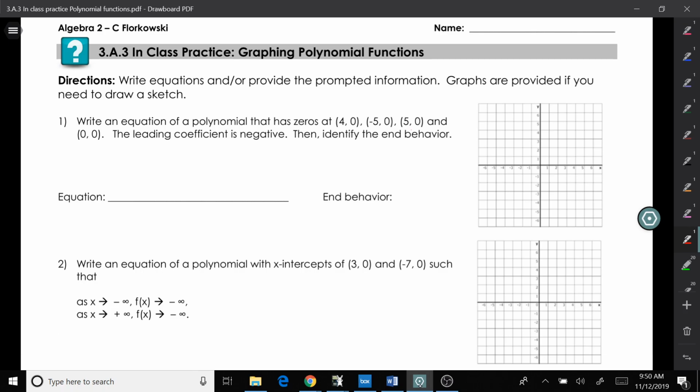So I'm going to plot these zeros first. So (4, 0), (-5, 0), (5, 0), and (0, 0).